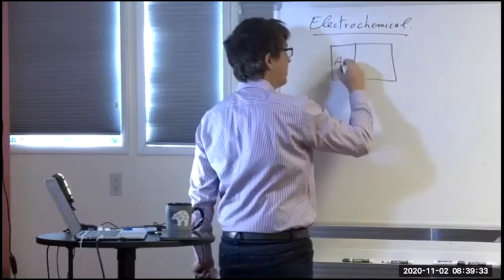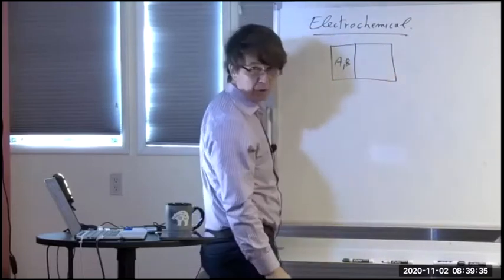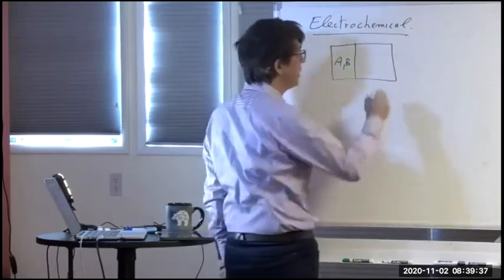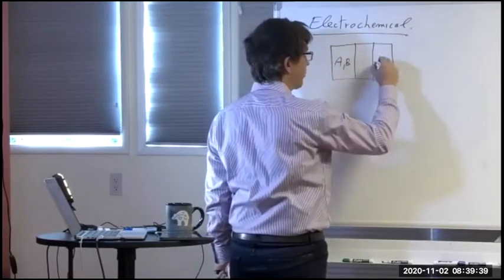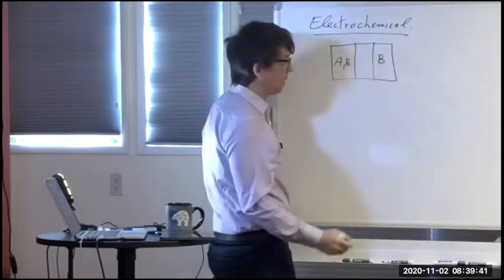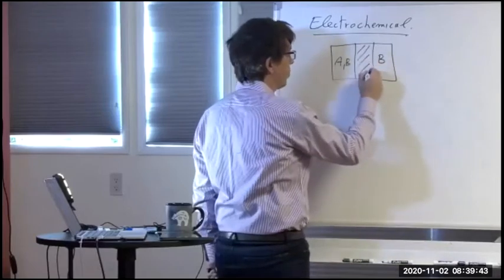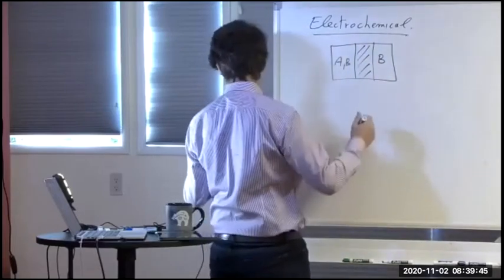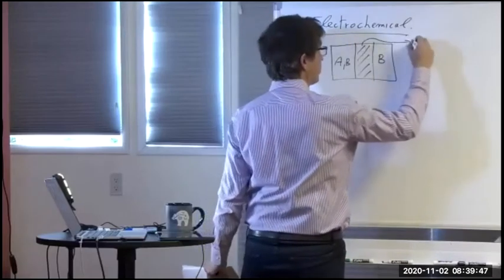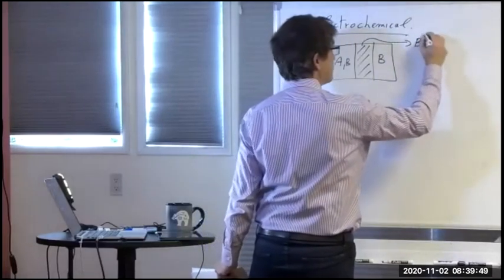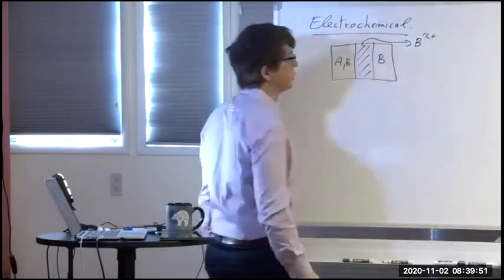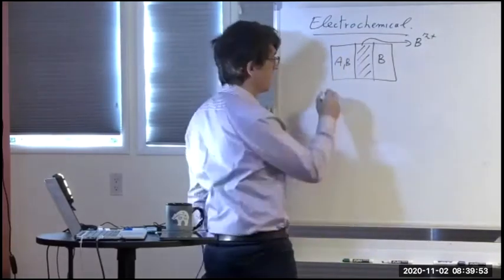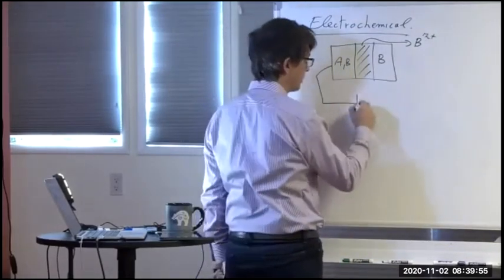If AB is your solution where you want to measure the activity of B, you could put it against a reference state where you know the activity, so let's say pure B, and this is a membrane. This is the membrane that transports B ions with, say, Z plus charge. Then you measure the potential difference.